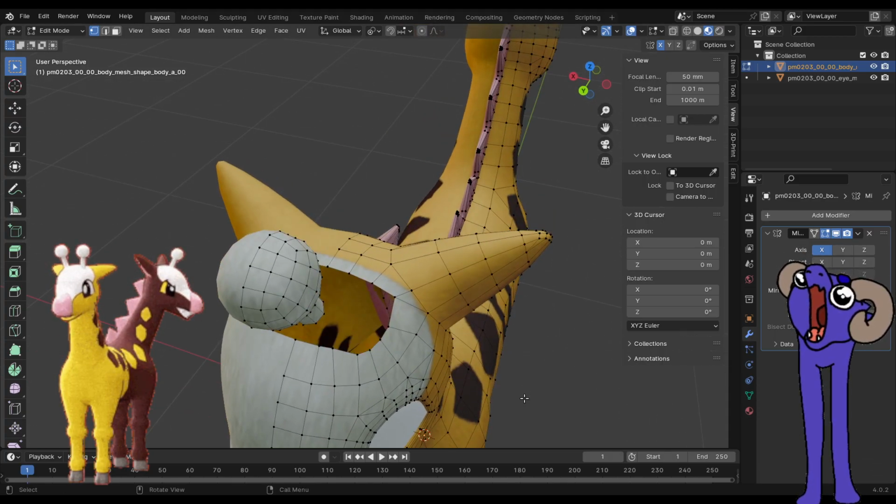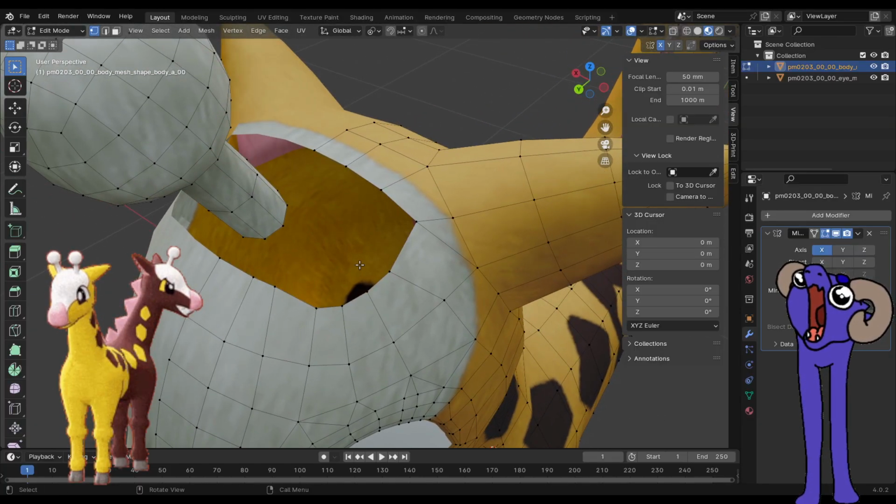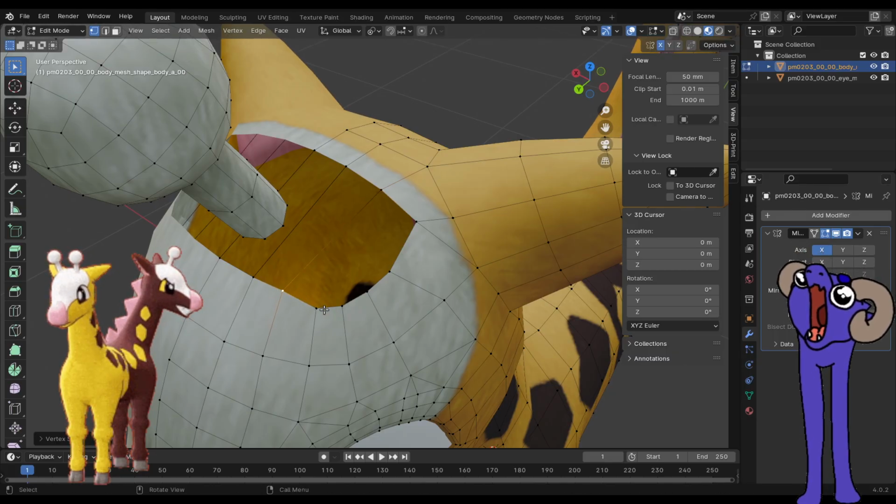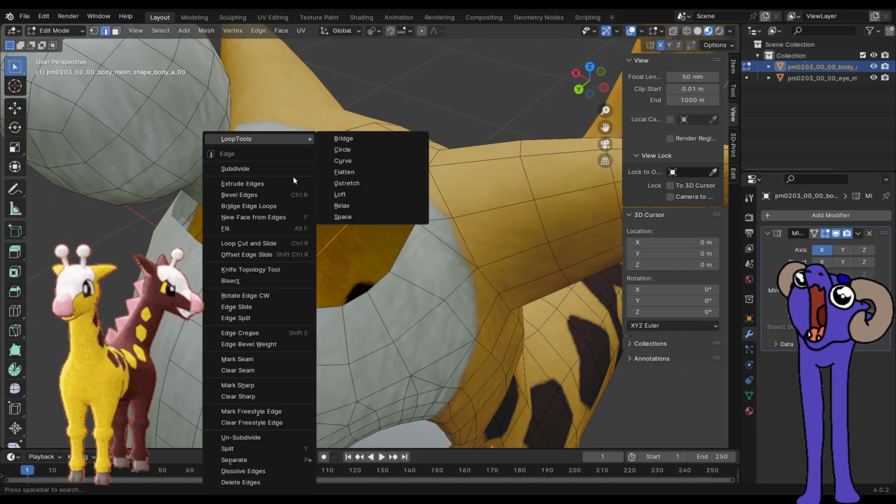Okay, so what I need to do is close up this hole. So we're just gonna be filling in these holes like this. Maybe move that along. And we need 3 subdivisions on these.